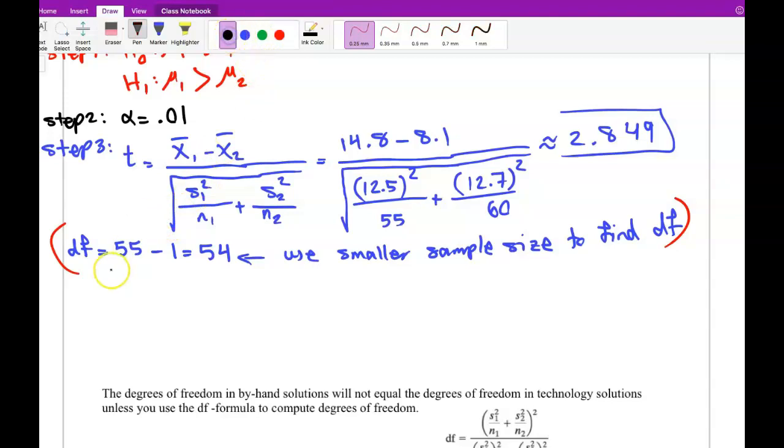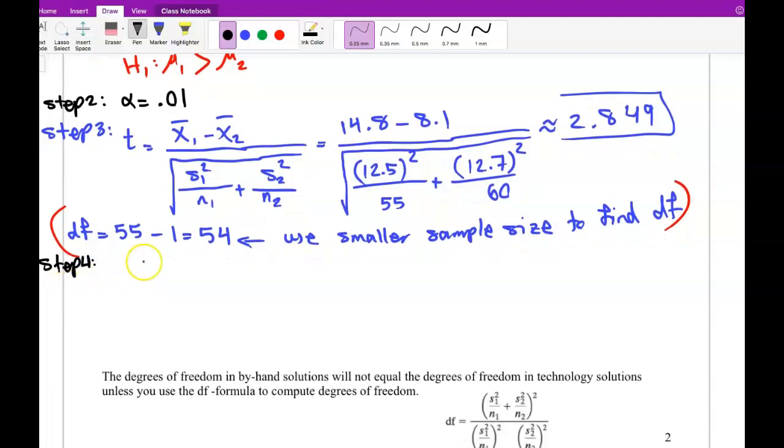Okay, the next step, 4. Now I want to find the p-value. I want to use the calculator to find p.